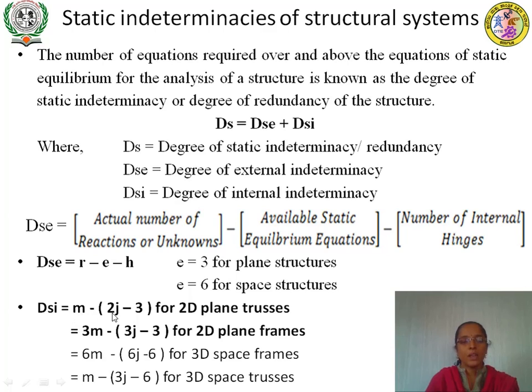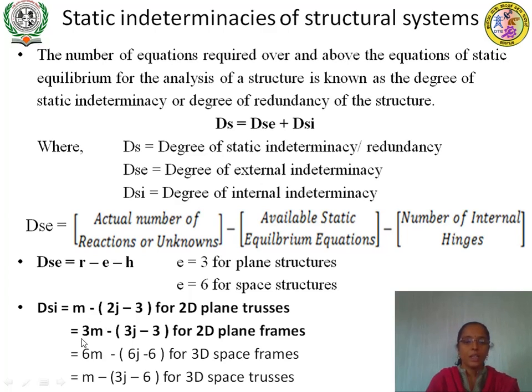For a two-dimensional plane truss, DSI is equal to m minus (2j minus 3). You have to use this equation to find the internal indeterminacy.